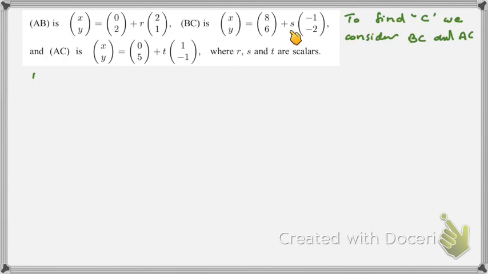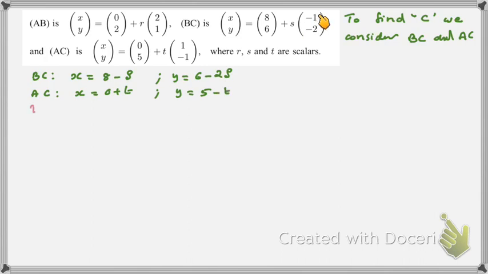First thing is you convert BC into parametric form, also AC into parametric form. So we're going to say BC is in the parametric form x is 8 minus s and y is equal to 6 minus 2s. So got BC done.